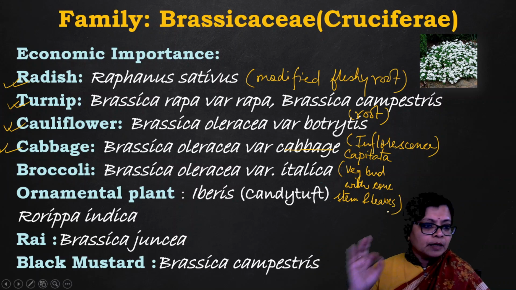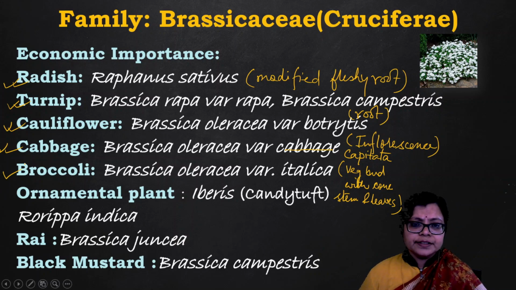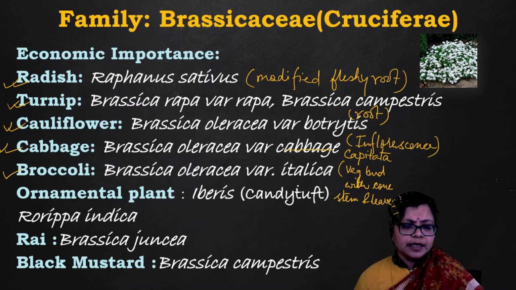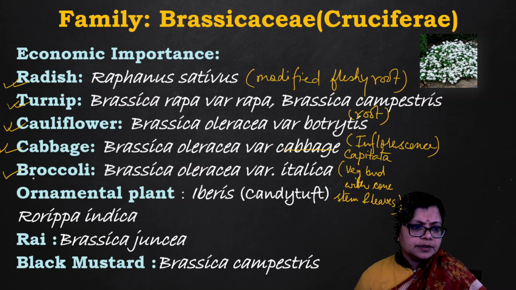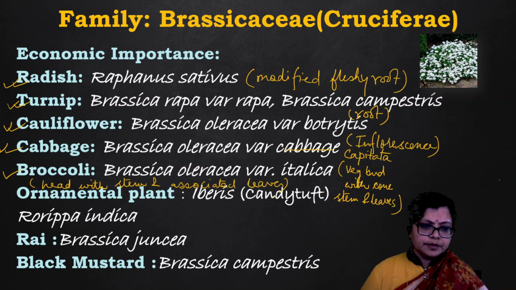Now the next one, broccoli, Brassica oleracea variety italica. It is the floral inflorescence head with stem and associated leaves, which are used as vegetables.